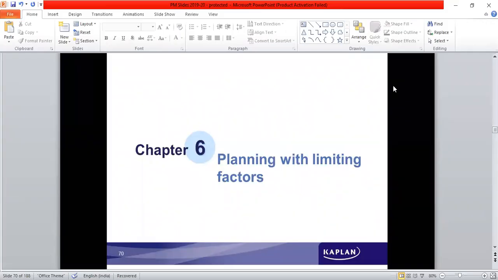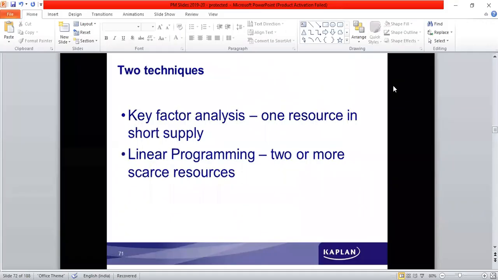After that, we start with limiting factors. So let's quickly go through the questions which are there and solve a few questions from the exam kit.